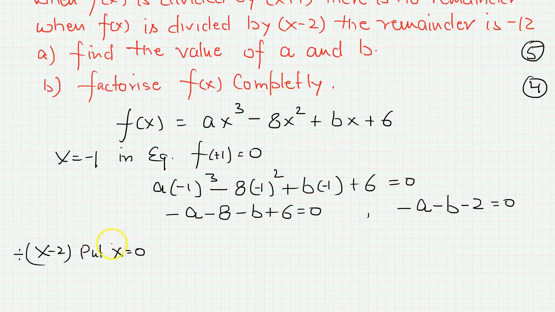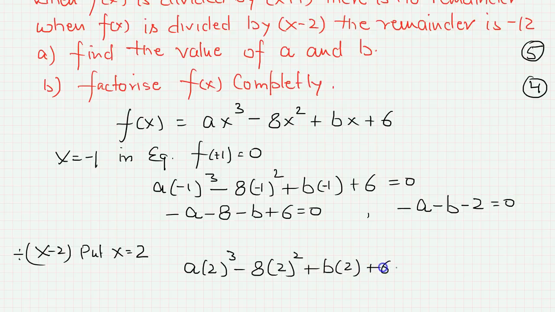So that is a times 2 cube minus 8 times 2 square plus b times 2 plus 6. In the previous case there was no remainder, so we put 0. Here the remainder is negative 12. So we are going to put negative 12 here because the remainder is negative 12 by dividing it by x minus 2.